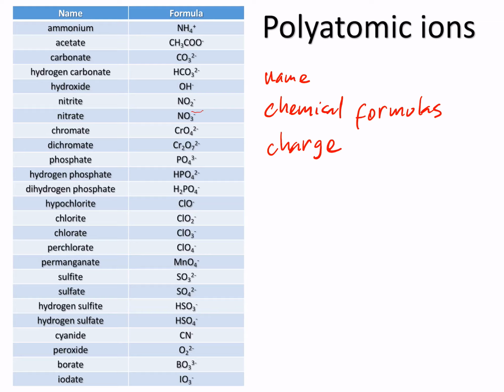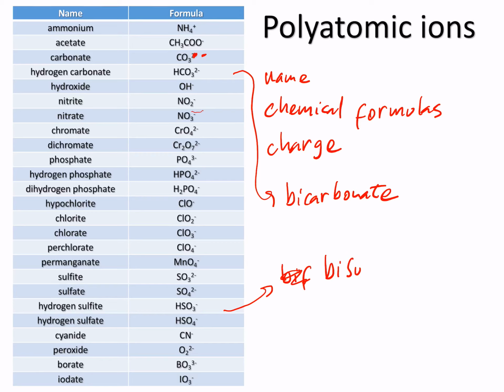Okay, there is a mistake here. This ion here, you usually can find it as bicarbonate, but that charge is -1. Okay, and also this hydrogen sulfide you can also find as a bisulfide, and the hydrogen sulfate you can also name it bisulfate.